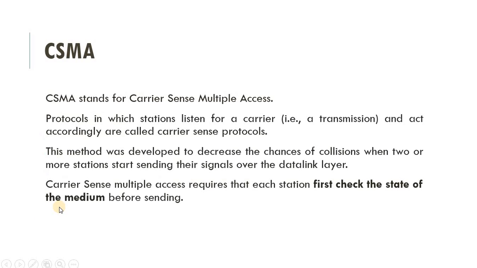Suppose this is a channel, and in that channel multiple nodes are connected. Suppose this is node 1, node 2, node 3 and node 4. So suppose these four nodes are connected on that one common channel, and each node wants to send data on this channel.